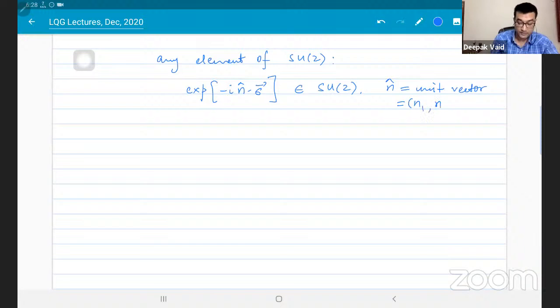Let's say n1, n2, n3. You can call it nx, ny, and nz. This is what you would do, for instance, for rotations, right? For rotations, you would talk about SO3. Now, what is the Lie algebra of SO3?